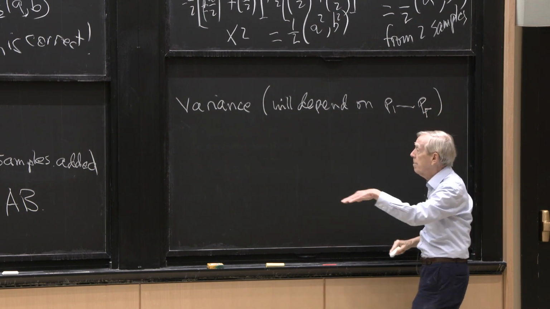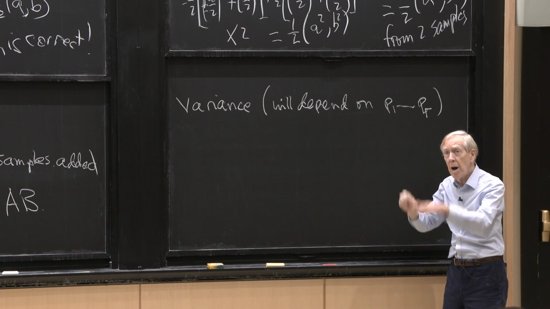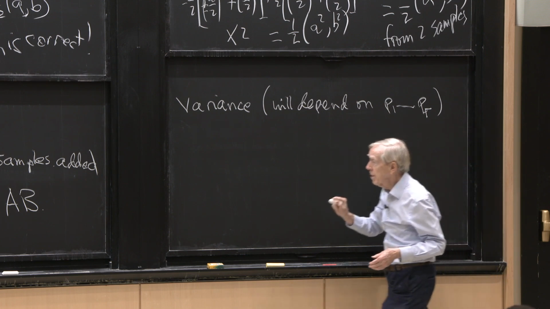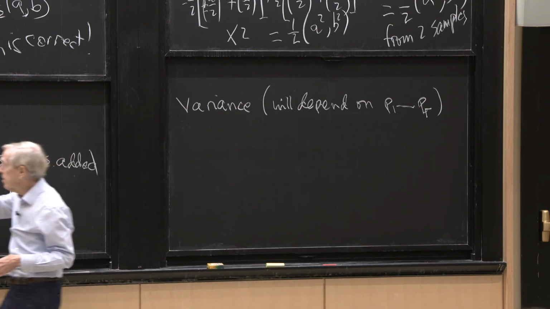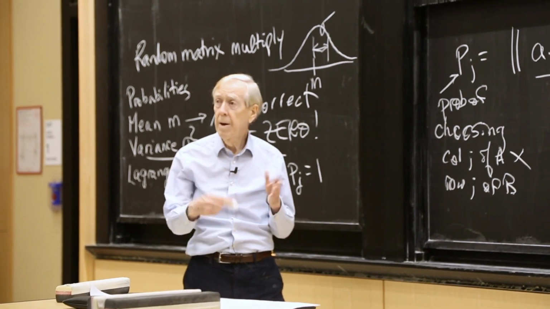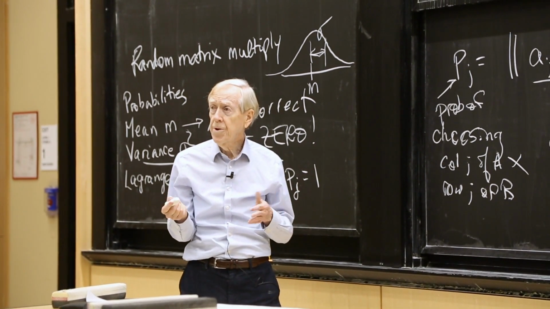We had R different column row pairs to choose, and we chose probabilities, these guys, that depended on the size. And now I'm going to compute the variance, and it won't be 0, because every sample is wrong.